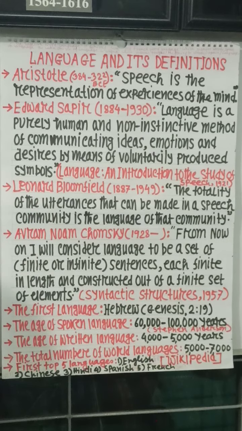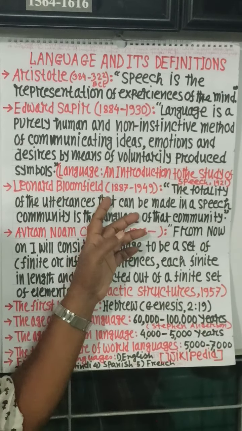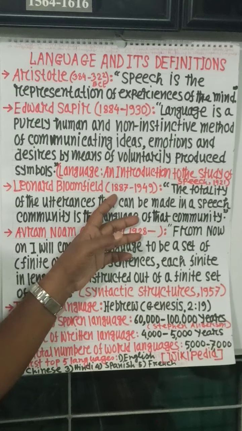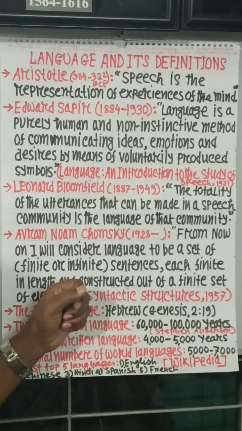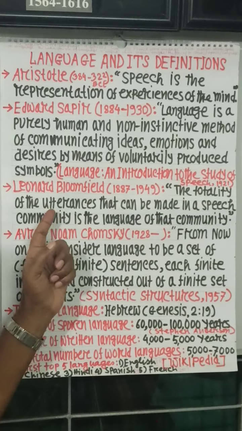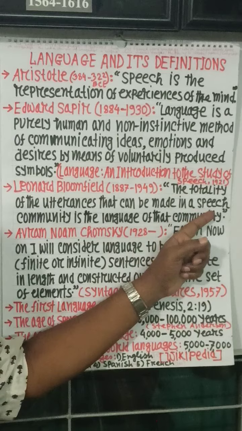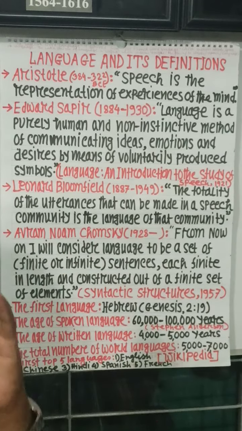Then another important linguist is Leonard Bloomfield, who is also an early American linguist. According to him, the totality of the utterances that can be made in a speech community is the language of that community.